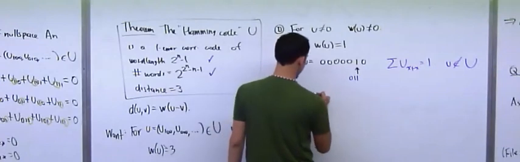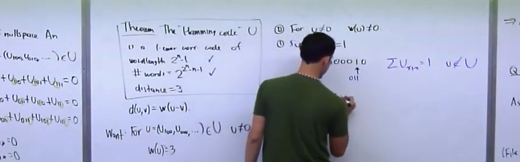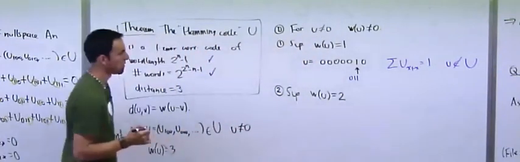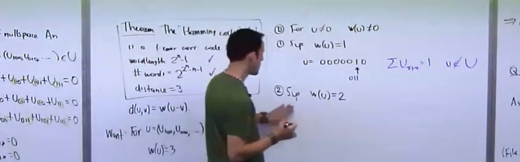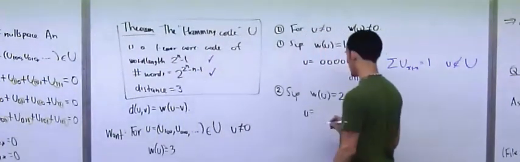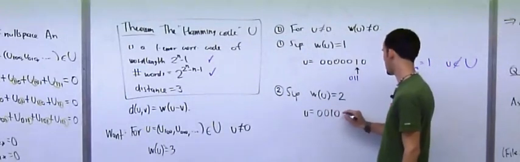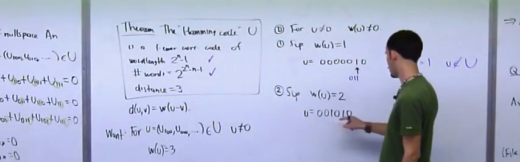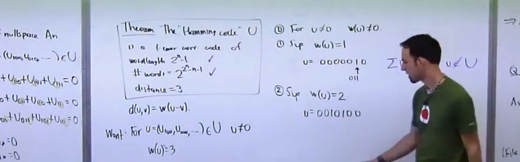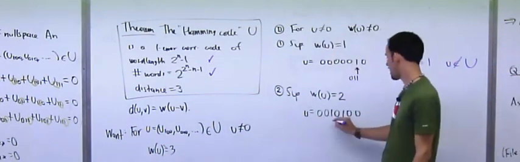Now weight 2. Let's suppose that I have a word of weight 2. Okay? So any word like 0, 0, 1, 0, 1, 0, 0. And I look at their labels.